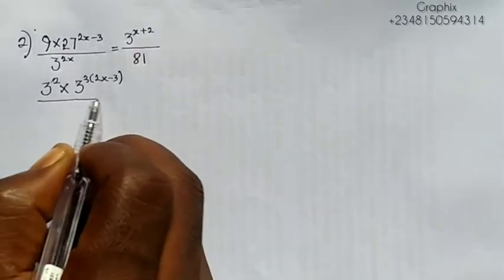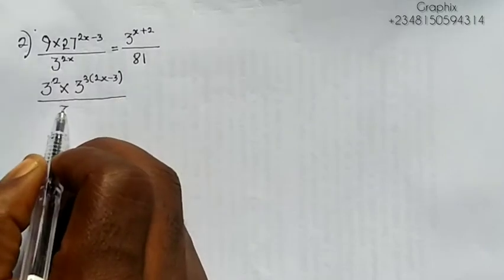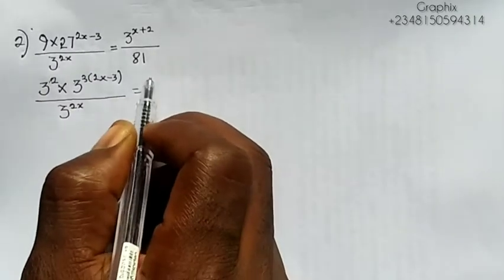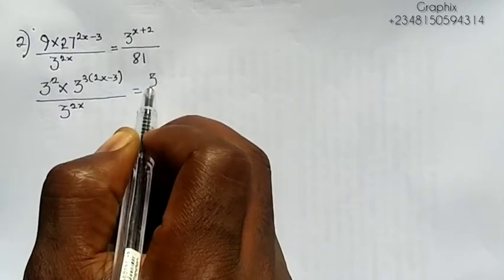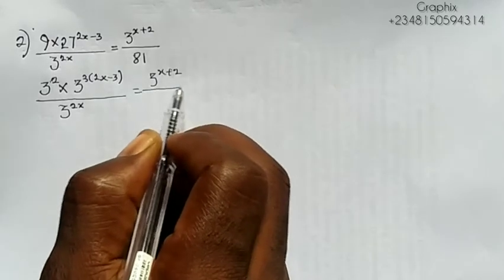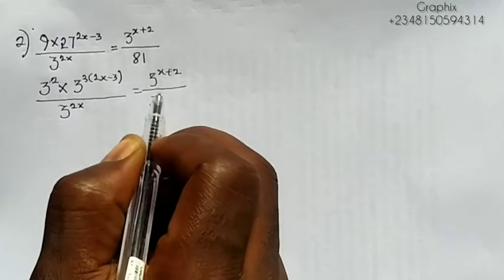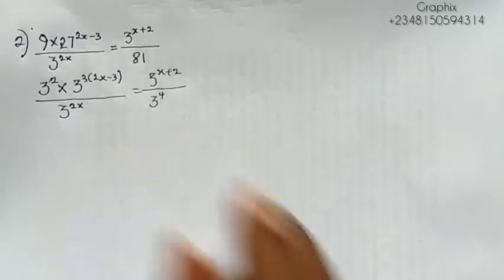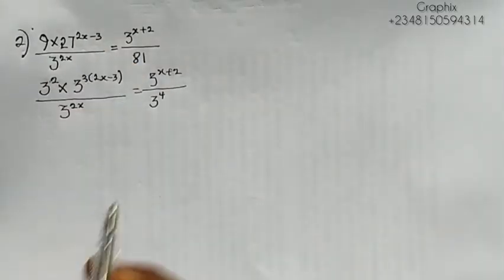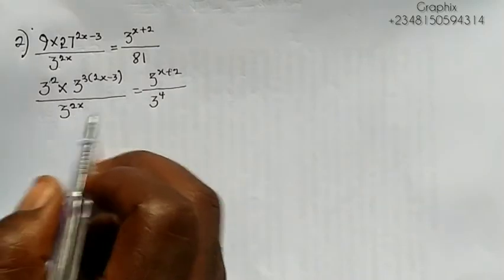All over 3 with the power of 2x, equals 3 with the power of x plus 2, all over 3 with the power of 4. Because 3 to the power of 4 will give you 81. So 3 times 3 times 3 times 3 is 81. Now in doing that, I am going to cross multiply.